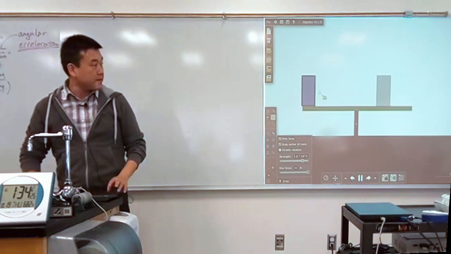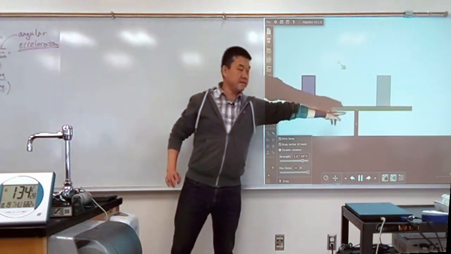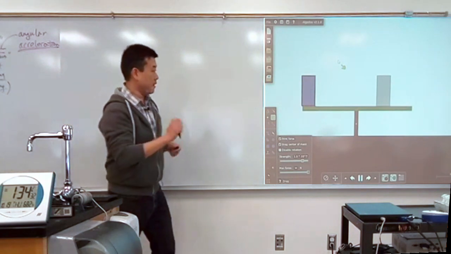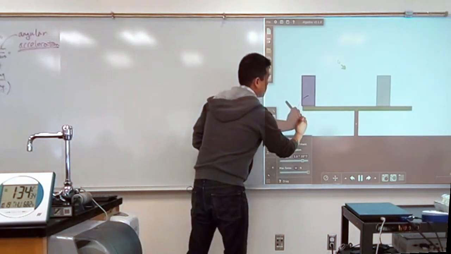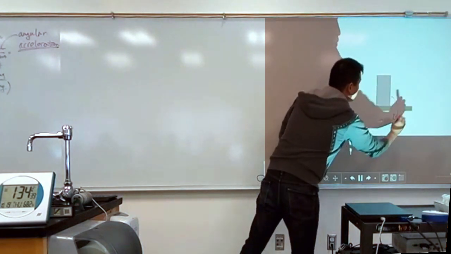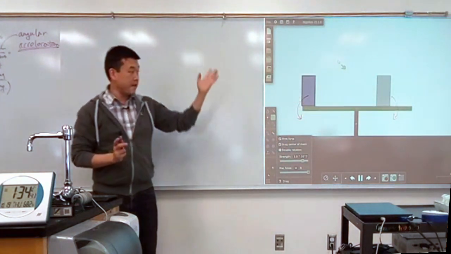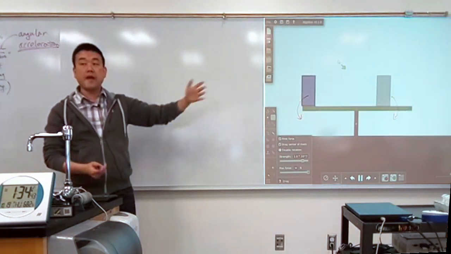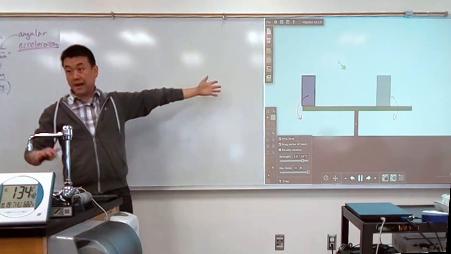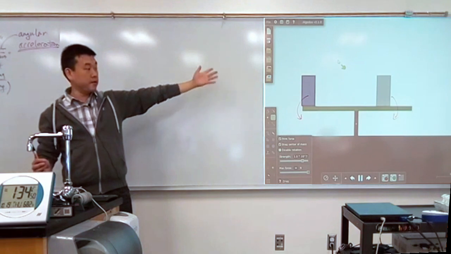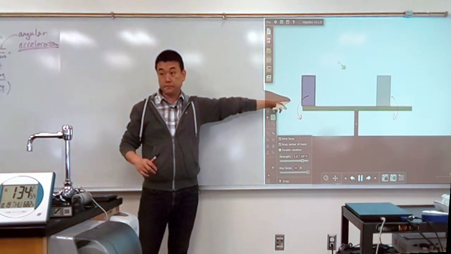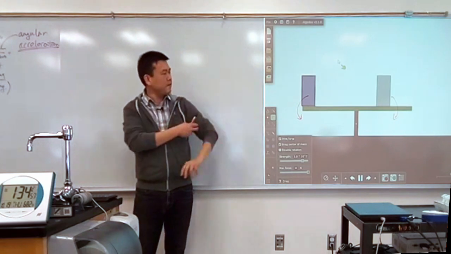So when you look at this system, there are things trying to make it rotate: the lighter child is trying to cause it to rotate counterclockwise, and the heavier child is trying to cause it to rotate clockwise. It's just that in this particular situation, they happen to balance each other, so that the net torque, kind of like a net force, is 0, and they remain in static equilibrium. So how would you define torque?